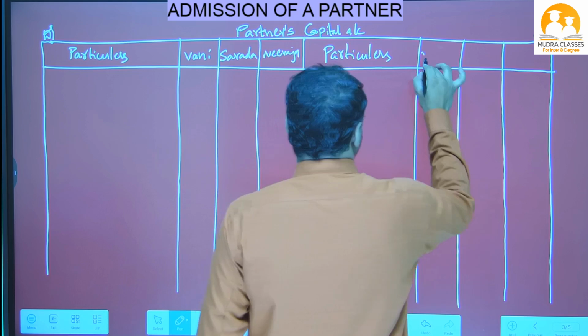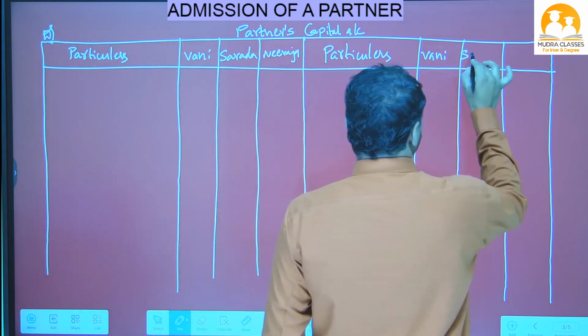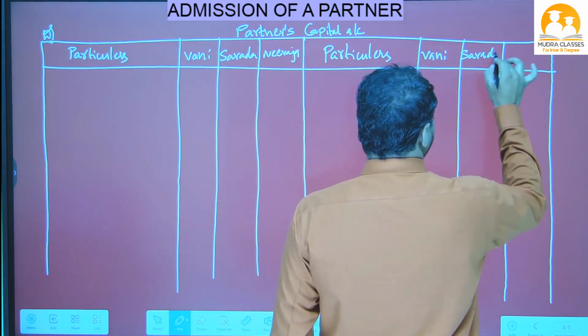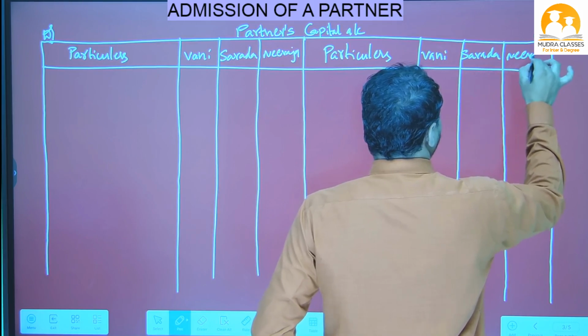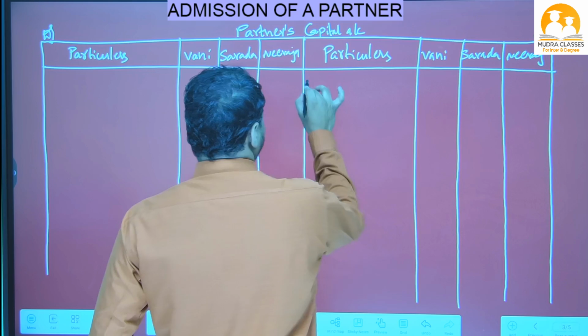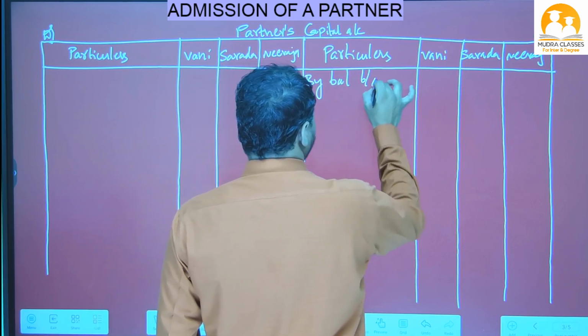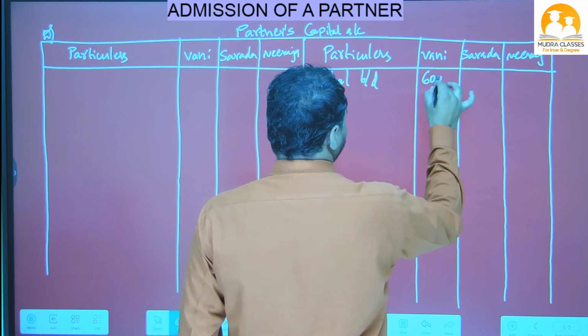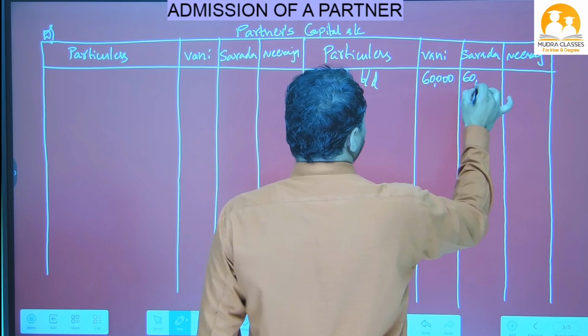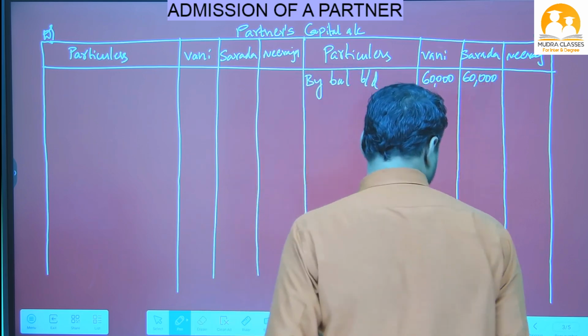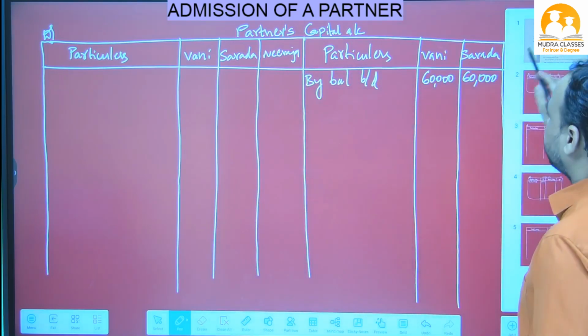In the partners capital account credit side we write the opening balance, by balance brought down. Vani brought 60,000 and Sarada also brought 60,000.